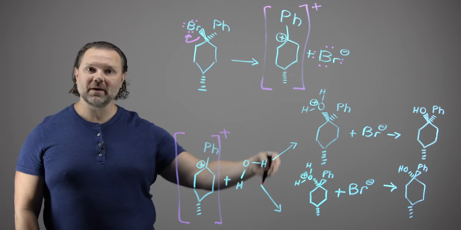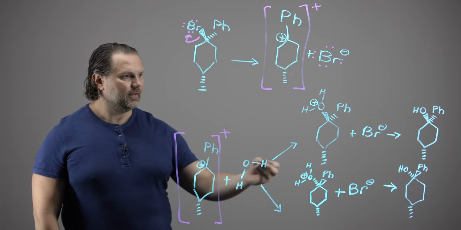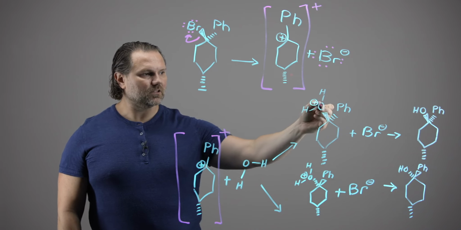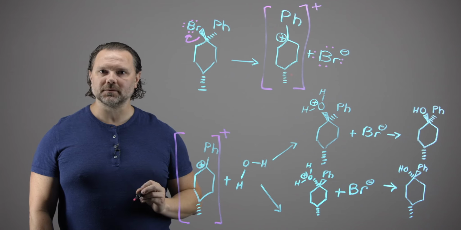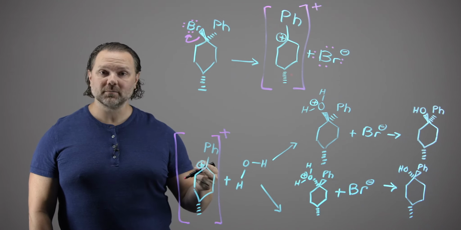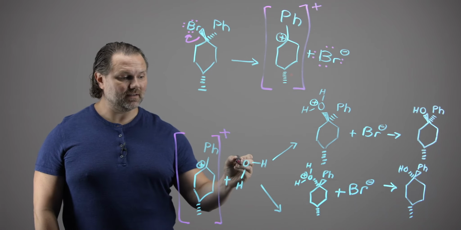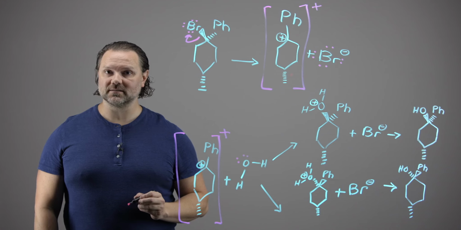There's actually 2 pathways that it can flow. We're going to start with that top path. Here we see what's changed is that water molecule has bonded to our positively charged carbon. Now, that carbon doesn't have a lone pair to form that bond, but the oxygen in the water molecule does.